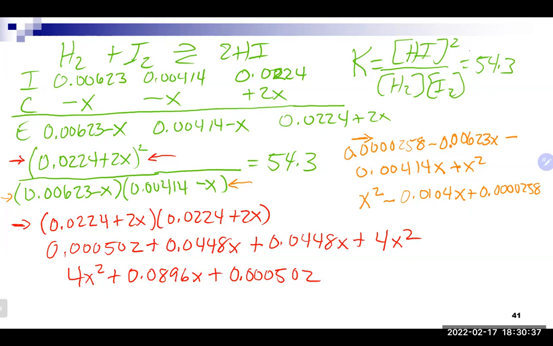No? Okay. So now we've got the top, we've got the bottom. Now we need to multiply the bottom to the other side, but let me rewrite it on the next page here. Up on top, we had 4x squared plus 0.0896x plus 0.000502.